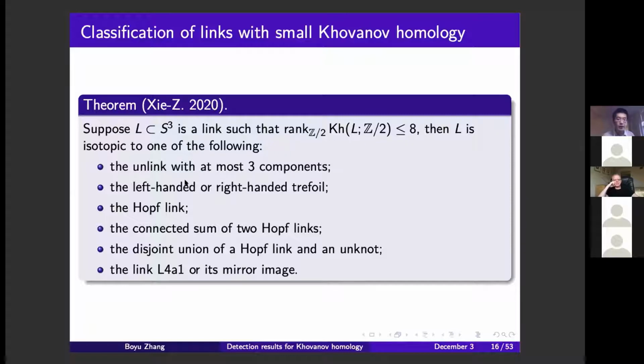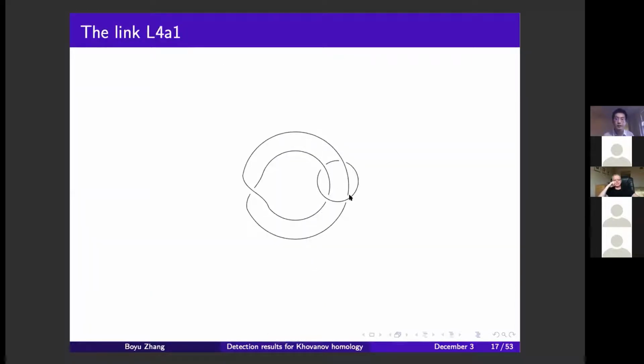On the list, we have the unlink with at most 3 components, or the left-handed or right-handed trefoil, and also the Hopf link, connected sums of Hopf links. And then there's one more link, L4a1, and its mirror image. And here is a picture of the link L4a1.